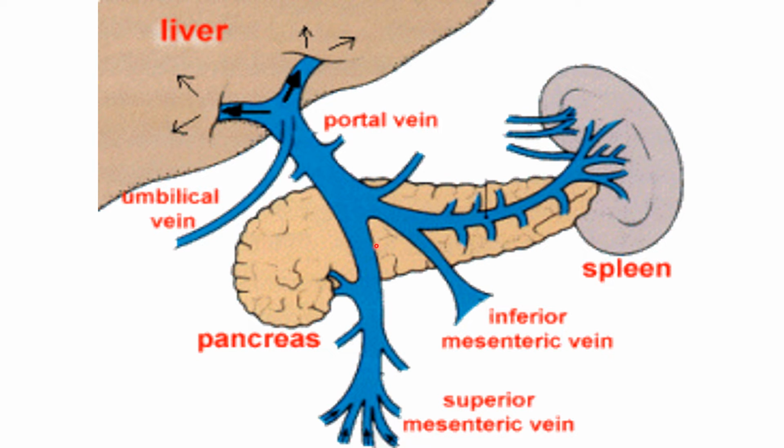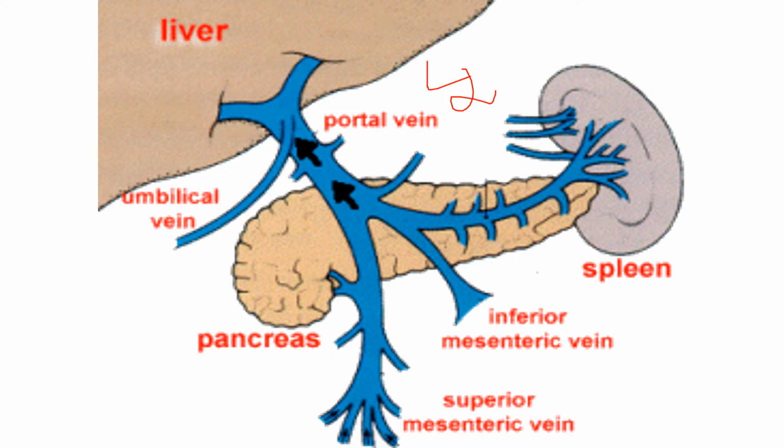So these two unite and form the portal vein here, behind the neck of the pancreas, at the level of the second lumbar vertebra, that is L2. So this is how the formation of the portal vein takes place.